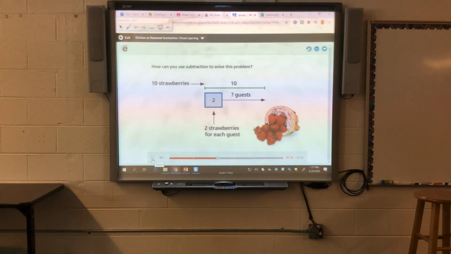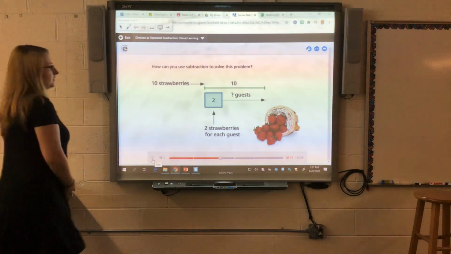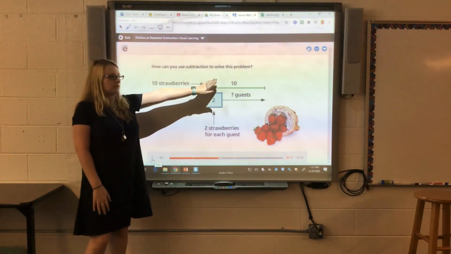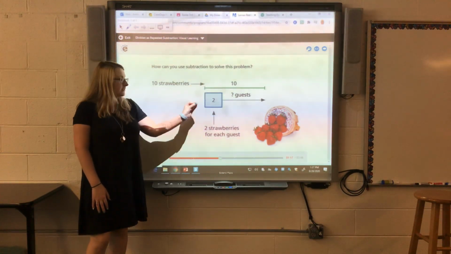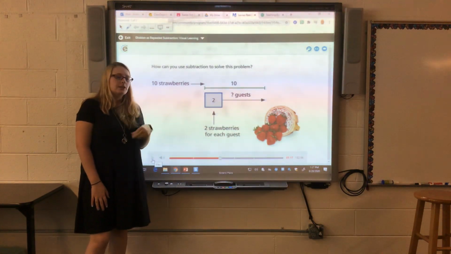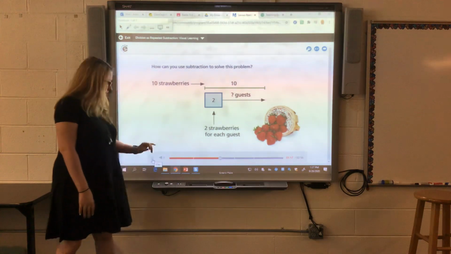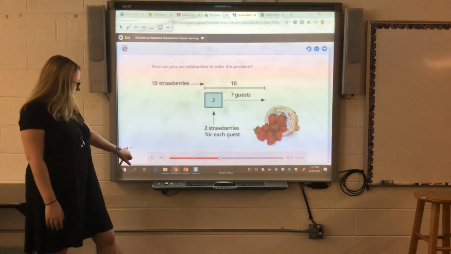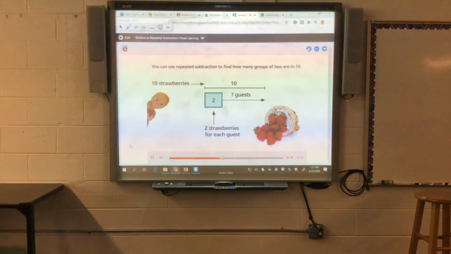How can you use subtraction to solve this problem? So if I start out with 10 strawberries and I want to give each of my guests 2 of them, how do you think I could use subtraction? You can use repeated subtraction to find how many groups of 2 are in 10.